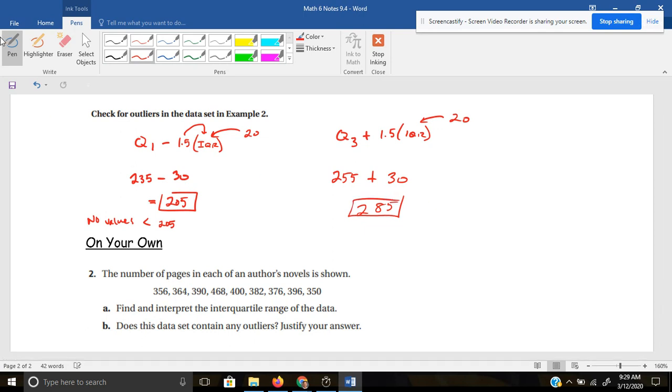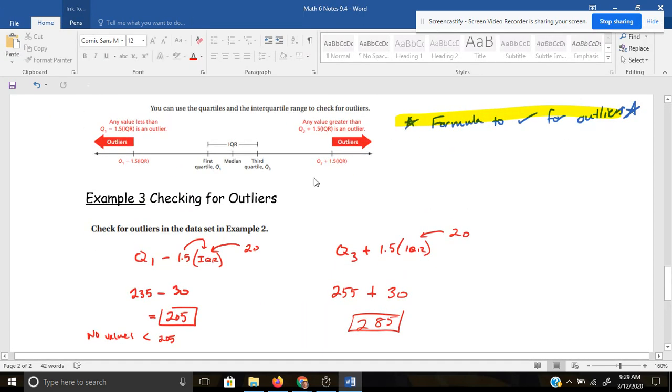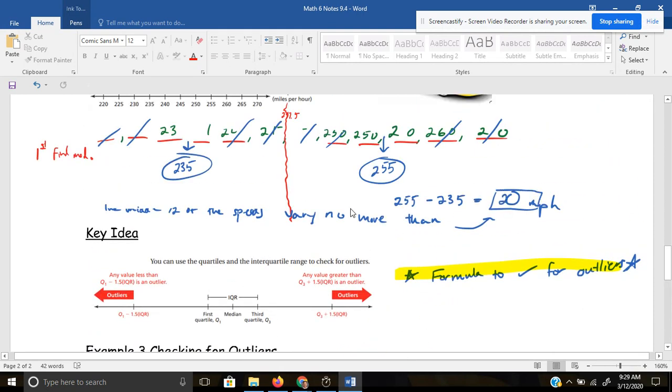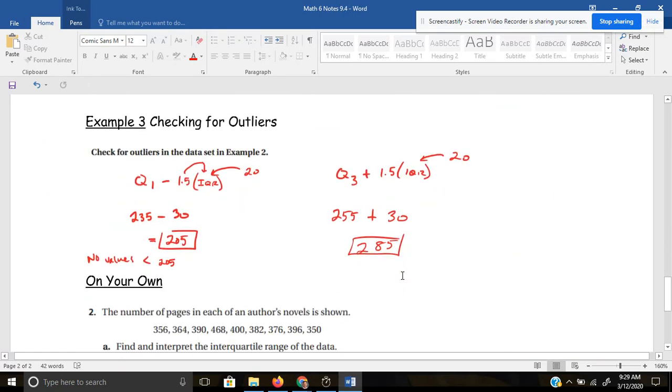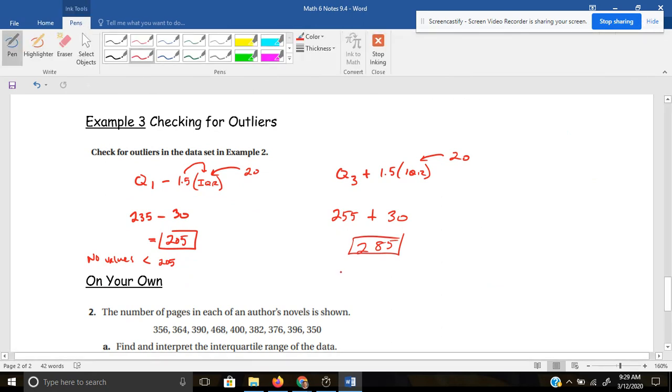So we're checking to see now, are there any values greater than 285? Let's check it out. Nope, our greatest was 270. So there are no values greater than 285. So there are no outliers.